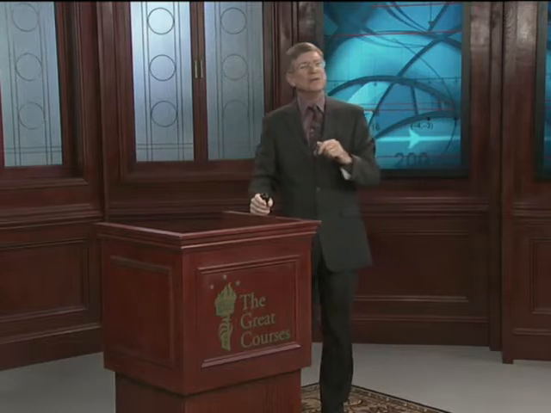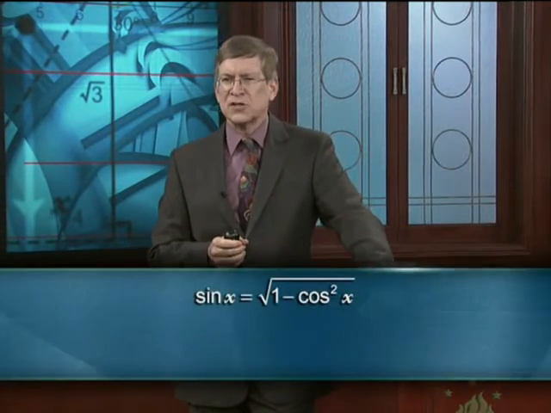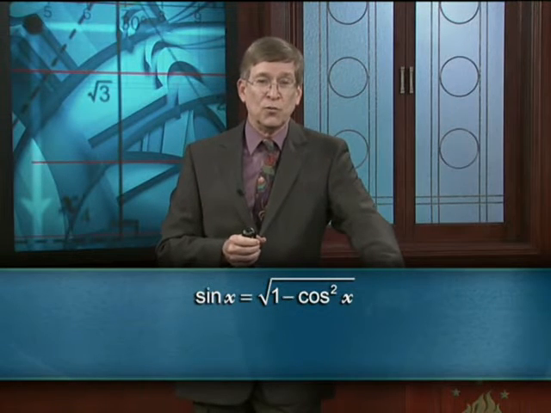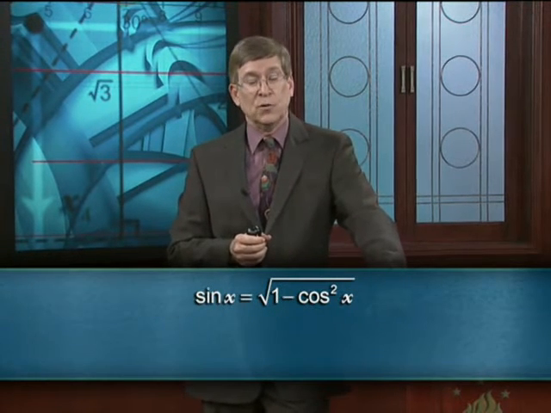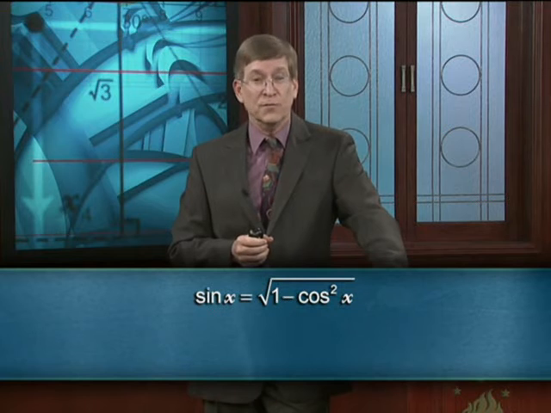Let me show you a simple example of a false proof. You'll see that if you start with what you want to prove, you'll make a mistake here. So suppose somebody tells you, hey, the following equation is true. Sine x equals the square root of 1 minus cosine squared x. Let's try to prove that.